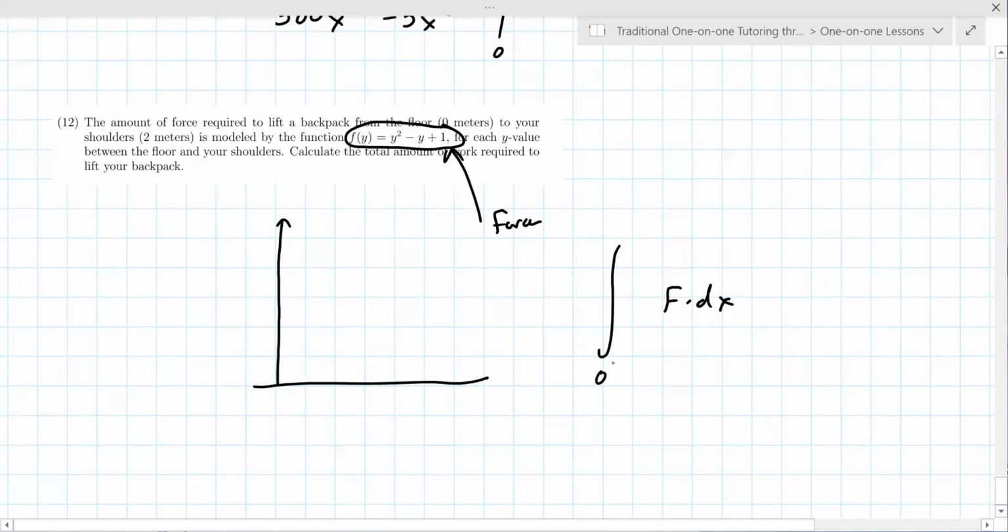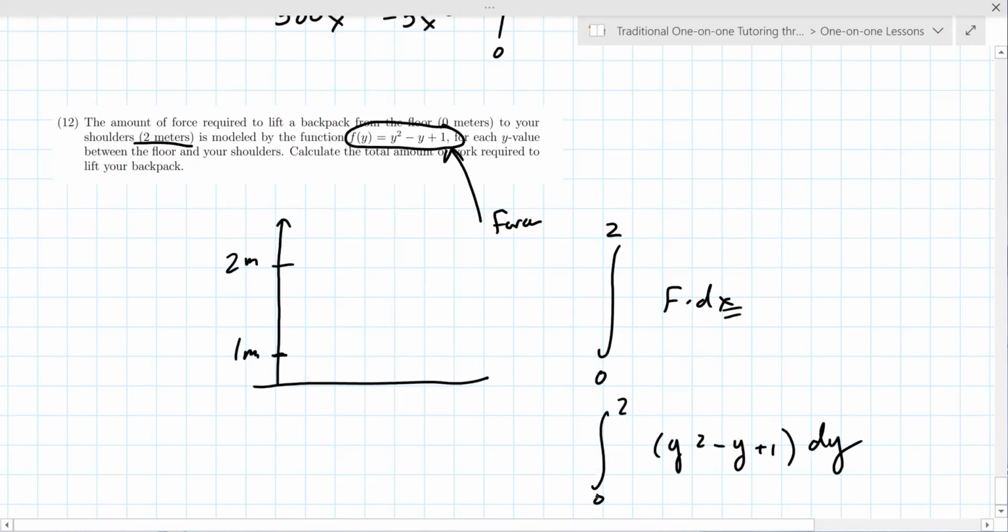You're integrating from 0 to the distance 2, and F is y squared minus y plus 1, and dx could be any variable, dy. The only variation you might see in this problem is, let's say you started 1 meter above the ground and you went to 2 meters, you would just integrate from 1 to 2.